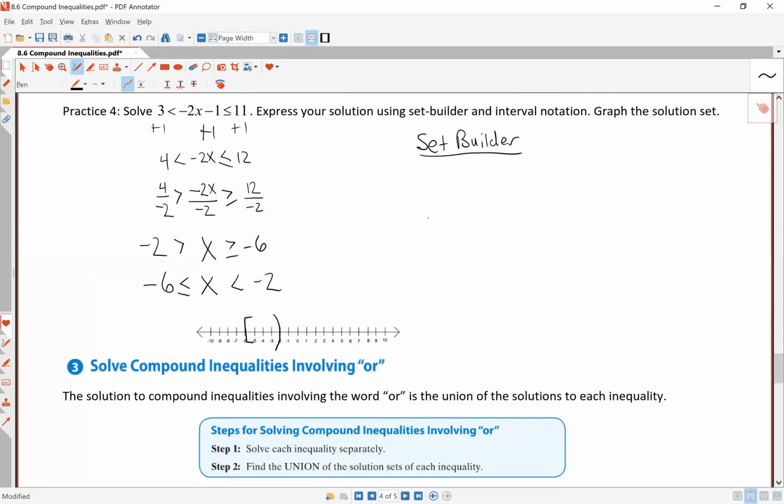In set builder notation, we say the set of x such that x is greater than or equal to -6 and less than -2. Interval notation is from -6 to -2.